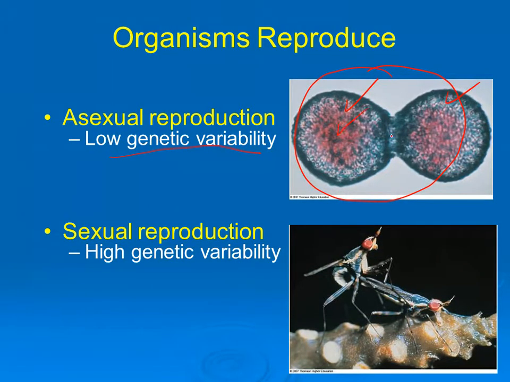In other words, these are just the same cells. That's different than sexual reproduction, because in sexual reproduction you have two parents contributing to the genetic makeup of the offspring. And so that increases the genetic variability, which is very important. All right, so both of these count as reproduction.